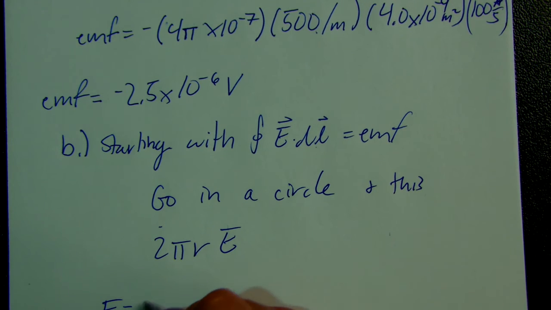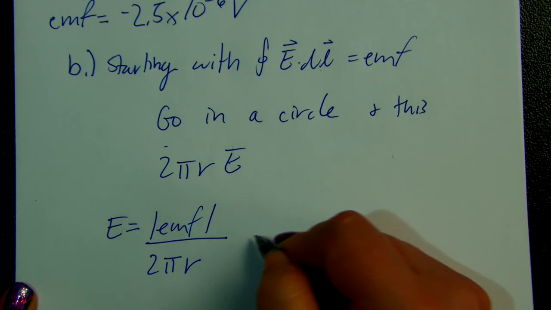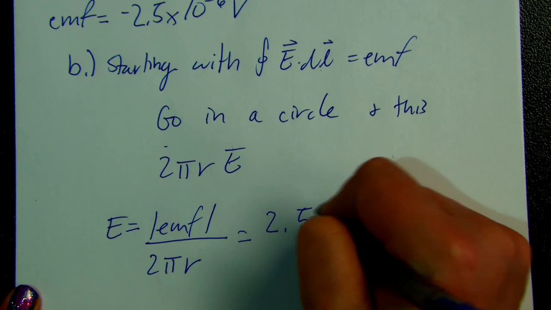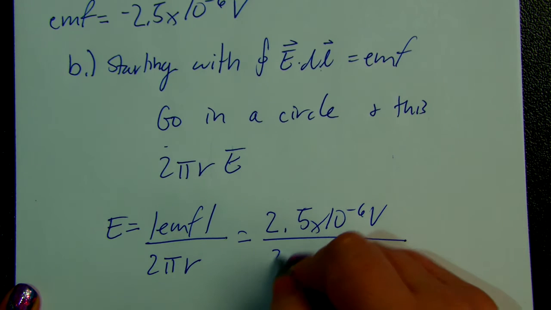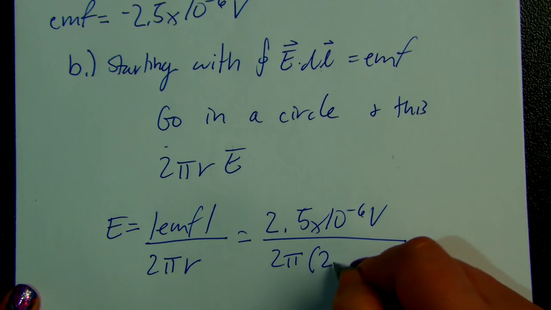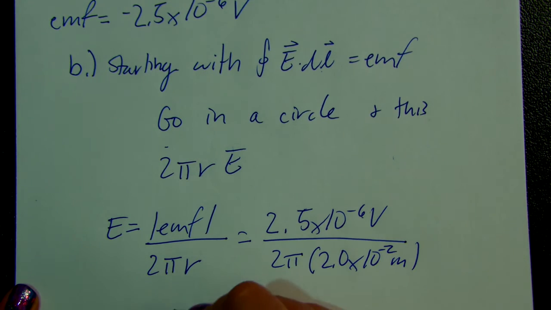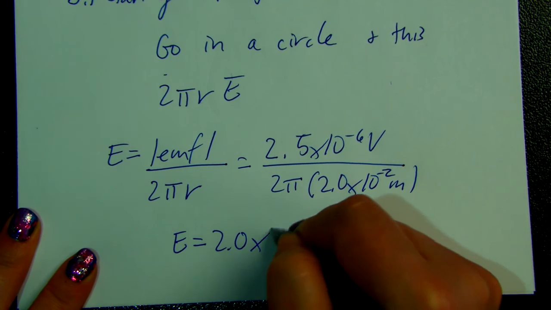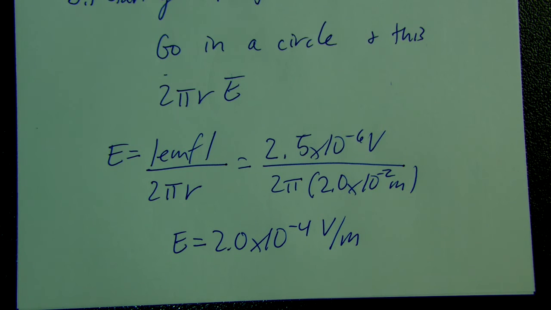So E is equal to EMF over 2 pi r, which is equal to 2.5 times 10 to the minus 6 volts, divided by 2 pi times 2.0 times 10 to the minus 2 meters. And the induced electric field is equal to 2.0 times 10 to the minus 4 volts per meter.